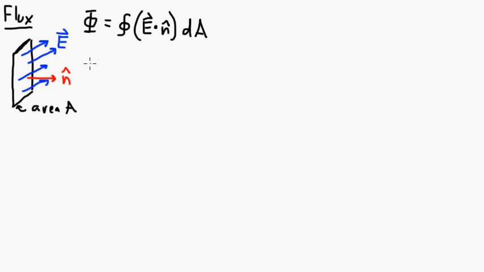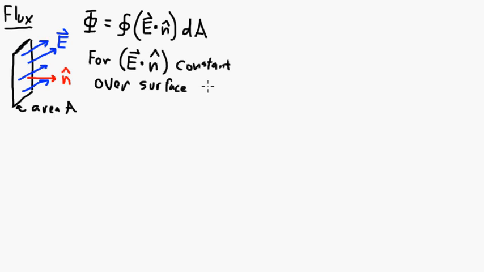Now, there's a much simpler case we can make use of here, and this is generally where most of the easily solvable and interesting uses of Gauss's law come from. When this dot product between the electric field vector and n hat, your normal vector, is constant over the entire surface A, then instead of having to integrate, you just take E dot n hat.